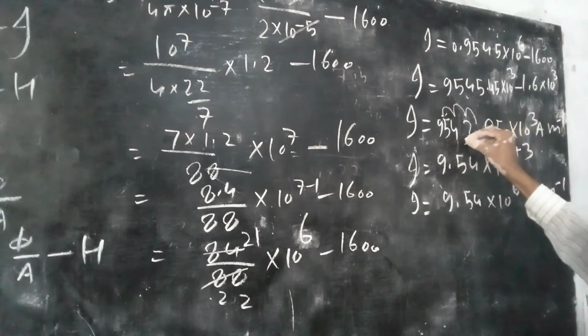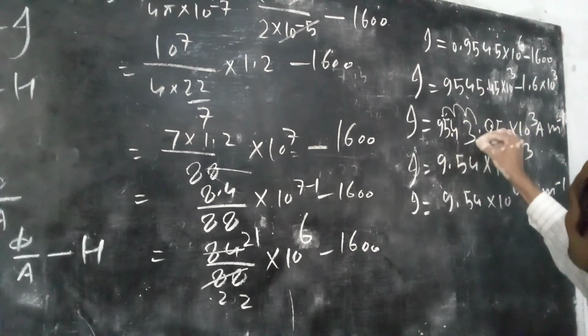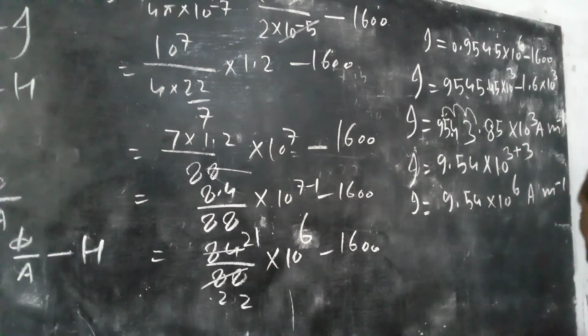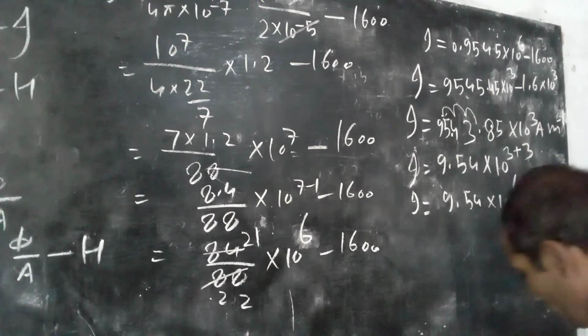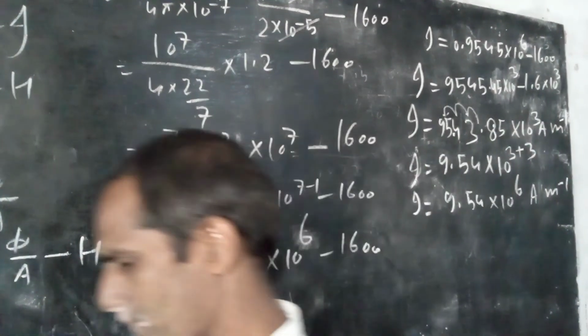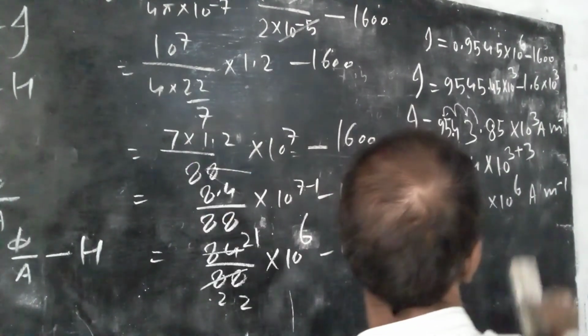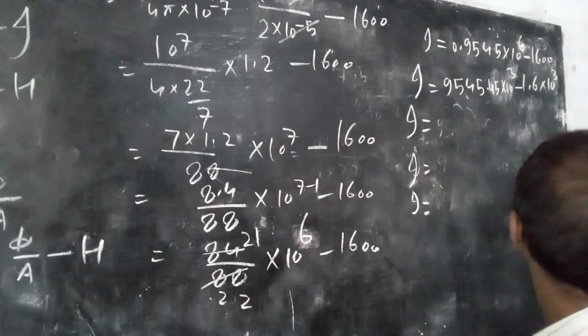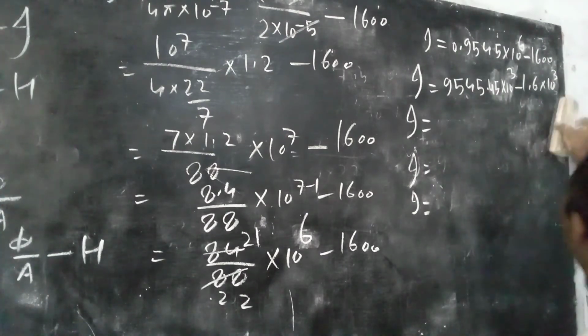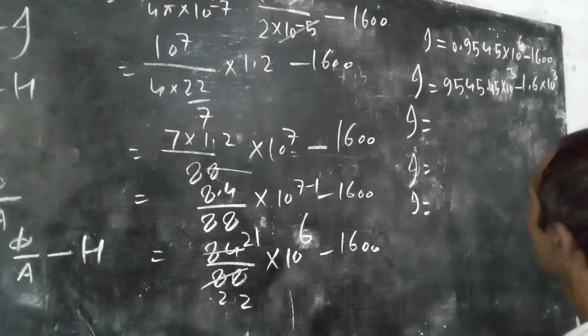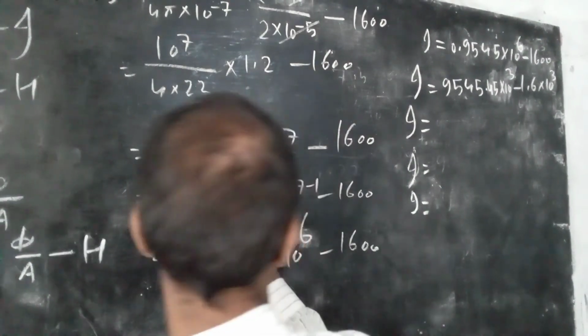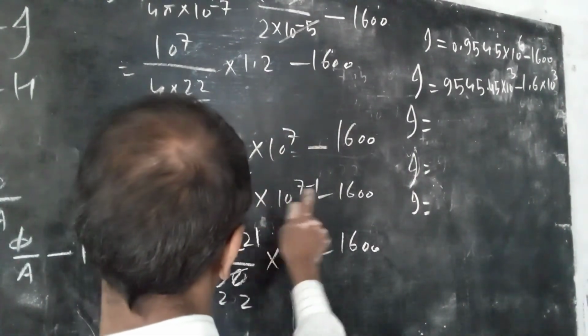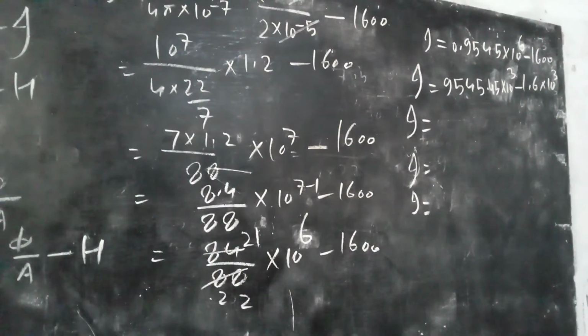See, adjust this decimal, then one power reduces, so 10 to the power 6.